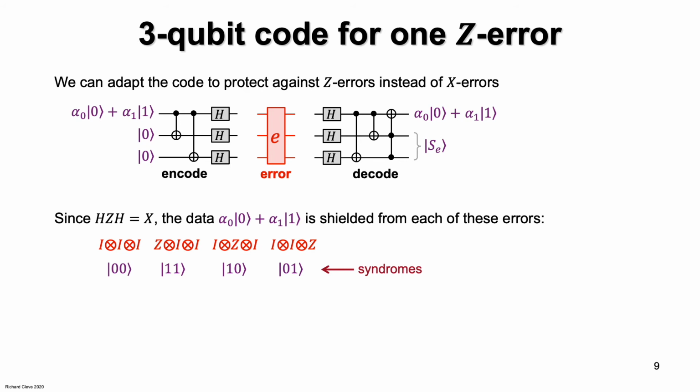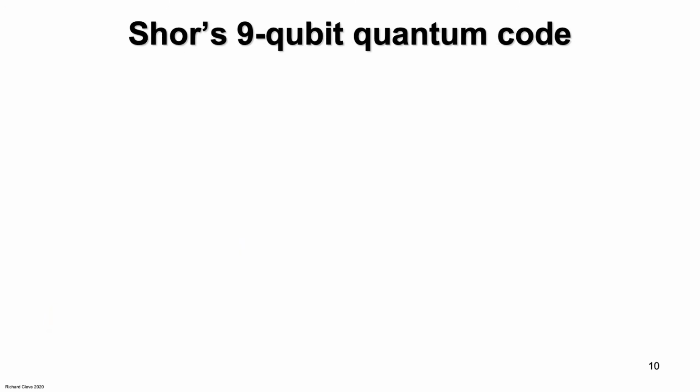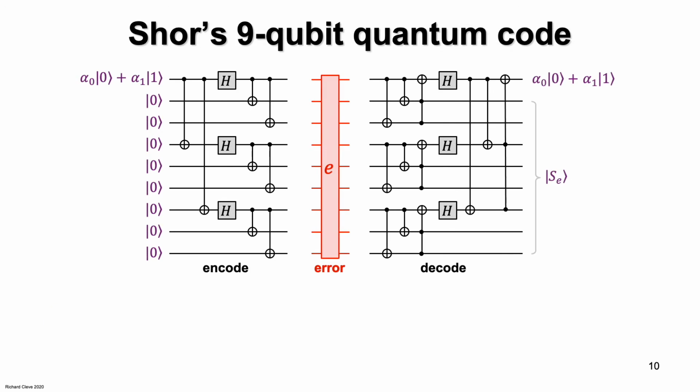Okay, so we can protect against just X errors or against just Z errors. What if we want to protect against any 1-qubit unitary as an error? This is accomplished by the following 9-qubit code. In this code, there is an inner part consisting of 3 blocks, where each block is a copy of our code for X errors, and there is an outer part which is our code for Z errors.